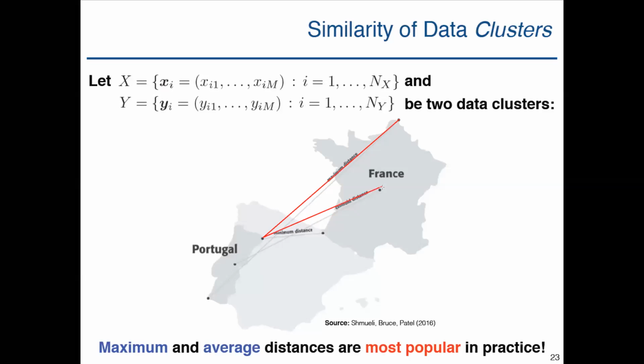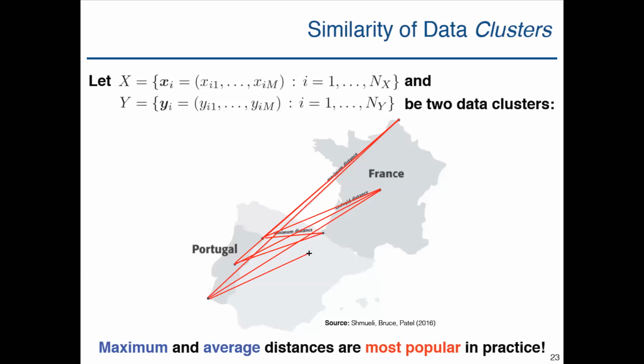You're going to look at this distance. You're going to look at this distance, and then you'll find out this distance here, this distance here, this distance here, and then you have this one here.